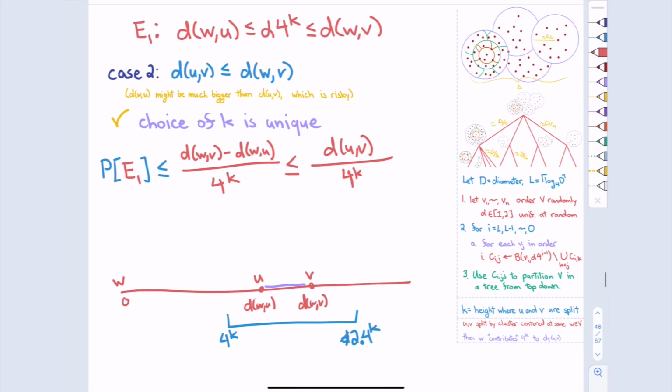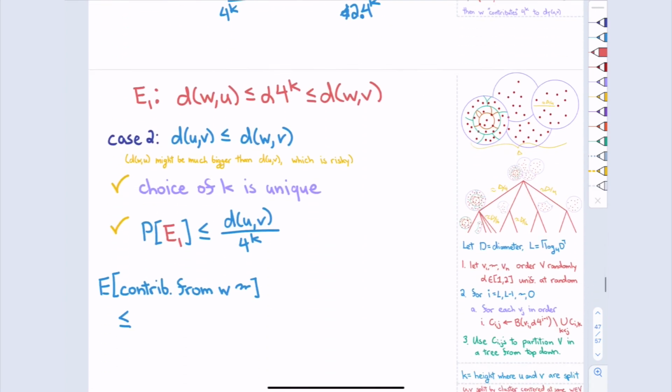In order to contribute, E1 and E2 have to occur. E1 occurs with probability the distance divided by 4 to the k, and if you contribute, you add 4 to the k, roughly, so the 4 to the k's will cancel out.